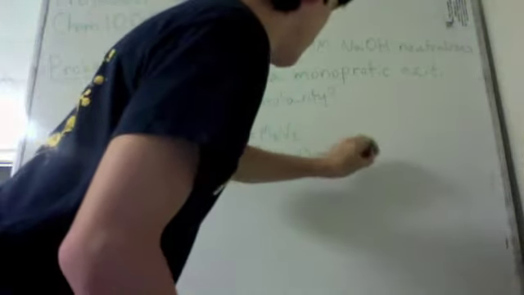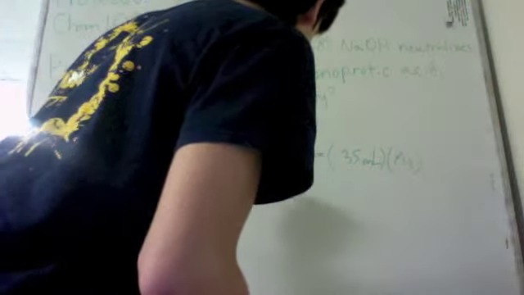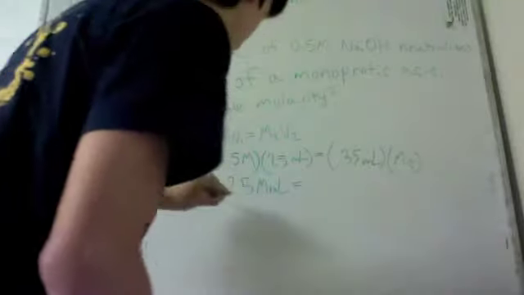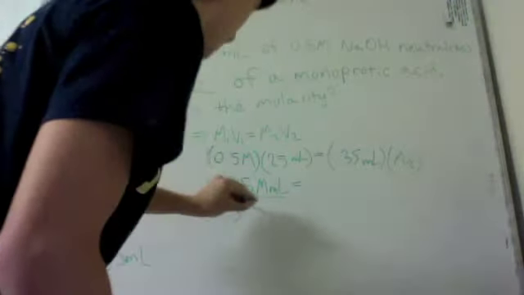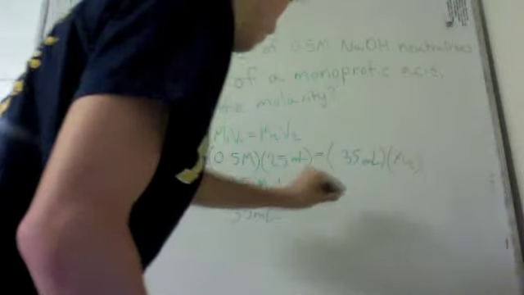0.5 M times 25 milliliters equals 35 milliliters times M2. We multiply these values and we get 12.5 milliliter equals, and then go ahead and divide it by 35 milliliters in order to get the molarity.